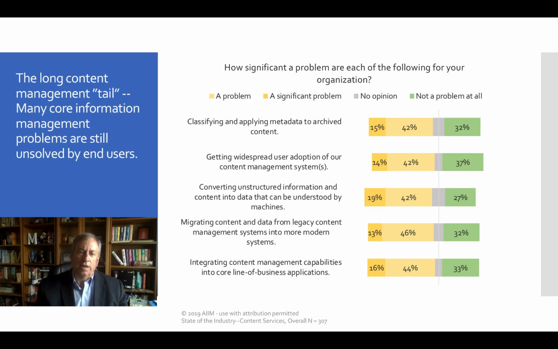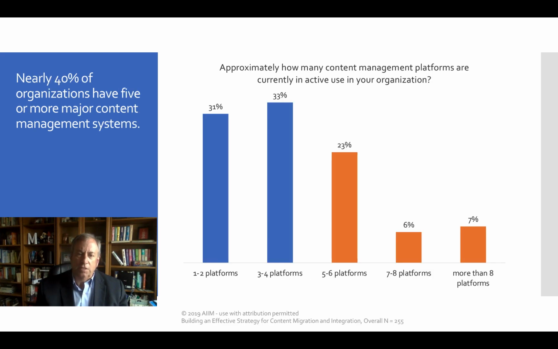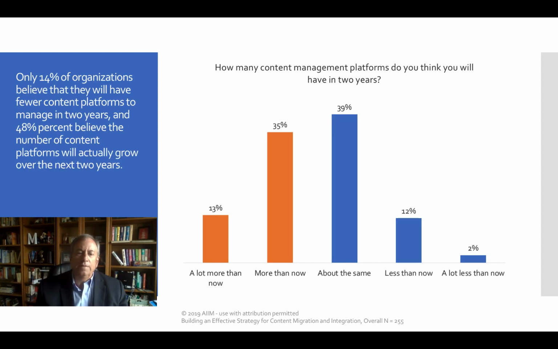And one of the reasons that they're a problem is that as you think about the number of content management systems, organizations clearly gave up a long time ago on this idea of one Uber repository that would house everything. And they accommodated life in terms of multiple repositories. We asked people not only how many content platforms they have now, and most said over 5, but we also said, how many do you think you'll have in 2 years?